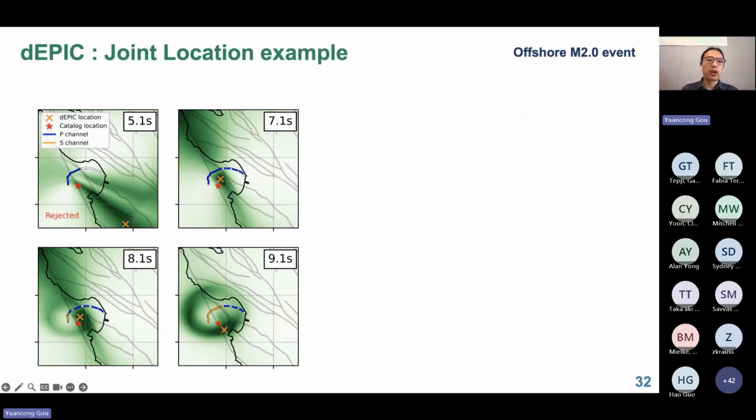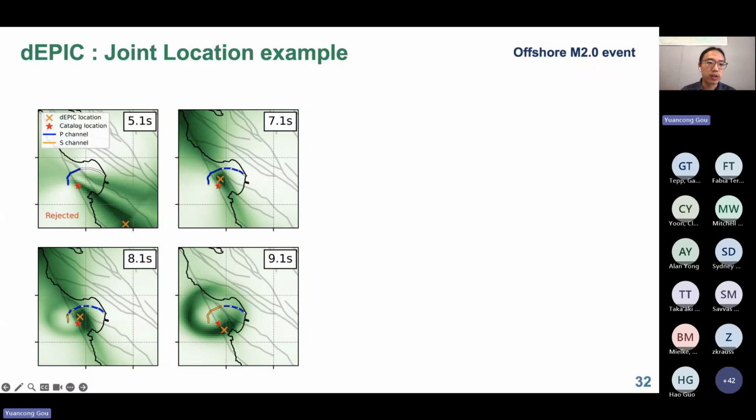So, okay, here I want to show you an example of applying this dEPIC workflow. This is a real offshore magnitude 2 event, shown as the red star here. The first figure shows that 5.1 seconds after the earthquake origin time, a part of the cable detected the P wave from this earthquake.